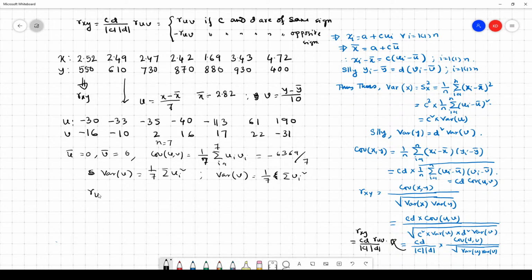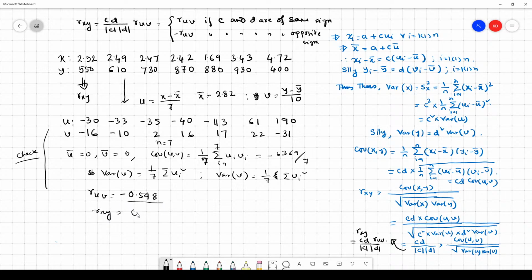Then you get ruv, which is equal to minus 0.548. Okay, so please check this calculation, but we are interested in Rxy, and according to this property, the magnitude of Rxy is the same as the magnitude of ruv.